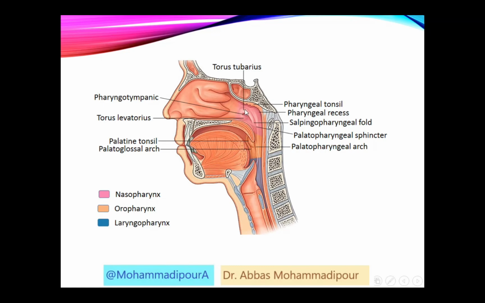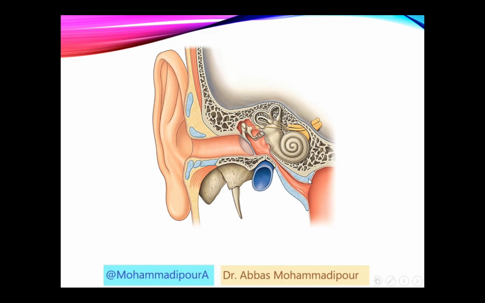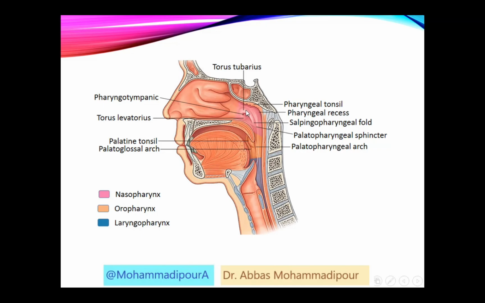This bulge is formed by the cartilaginous part of the tube. Because of that, it's called torus tubarius. Torus means bulge, prominence, or swelling, and because this torus is formed by the tube, it's called torus tubarius. Here is the torus tubarius.